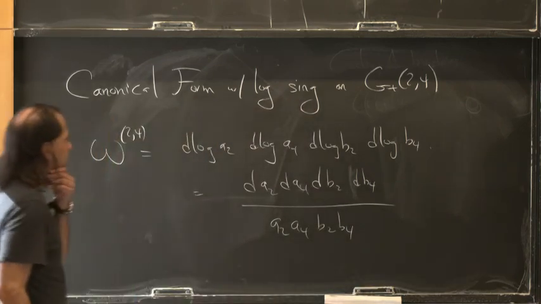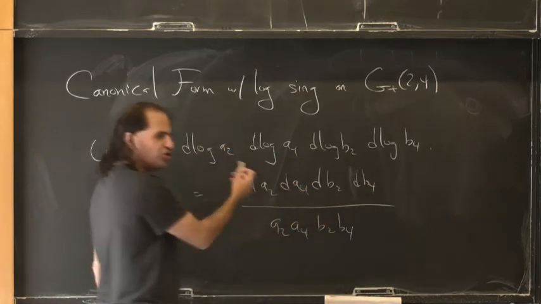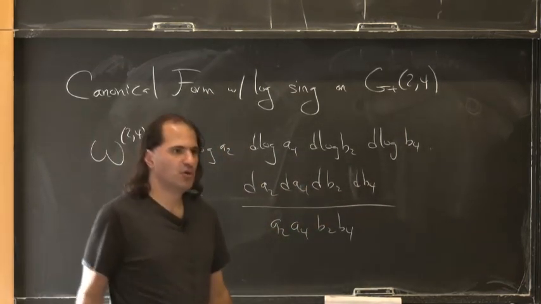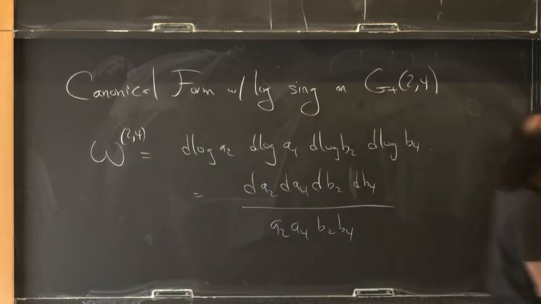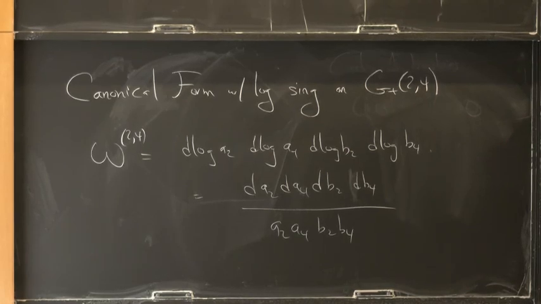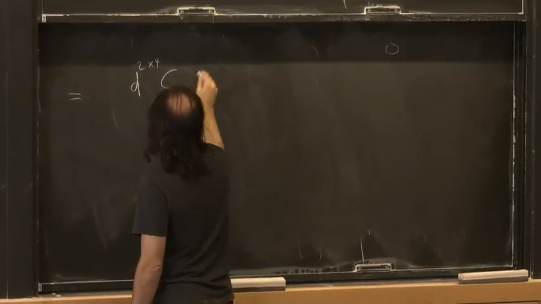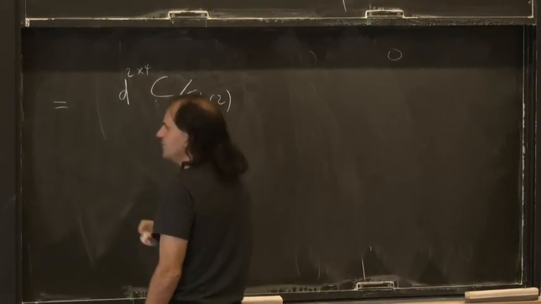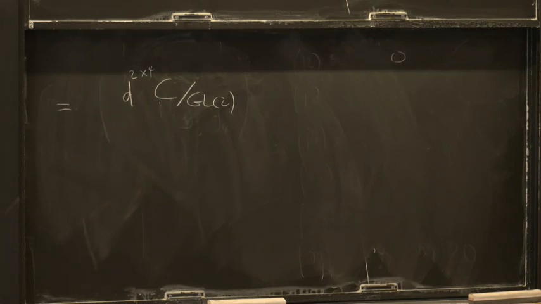And now let's write this more invariantly. So remember, the d of all these guys was just that top form, the universal top form on the Grassmannian. So this thing is just d^{2×4}C mod GL2 on top. Right?